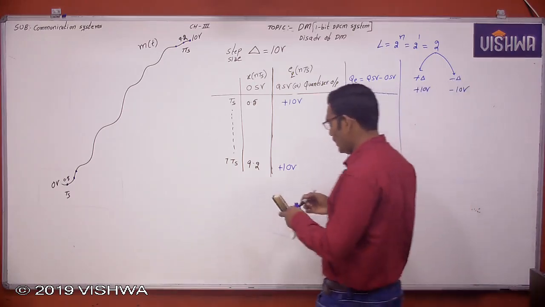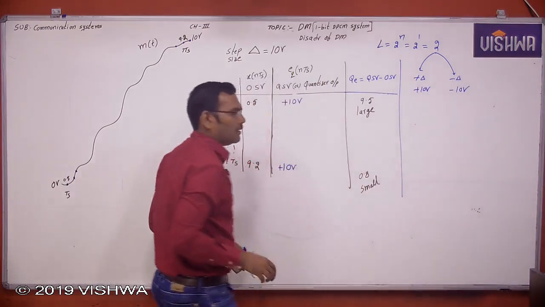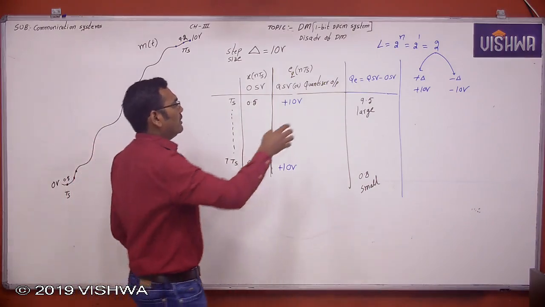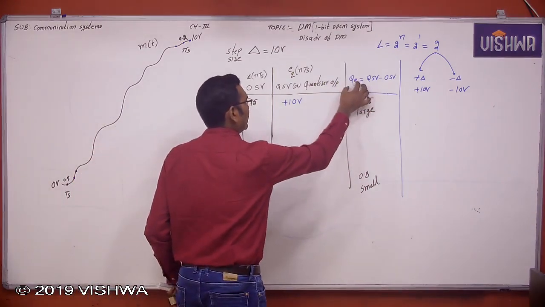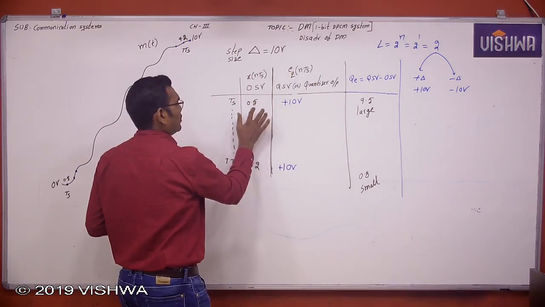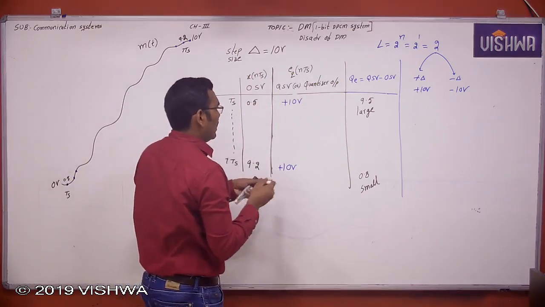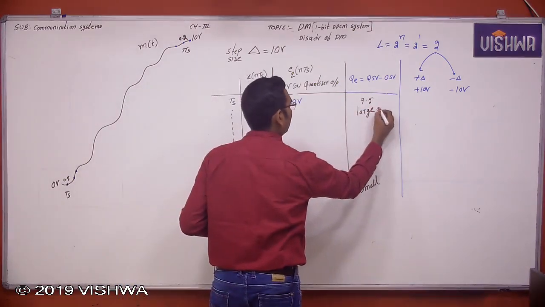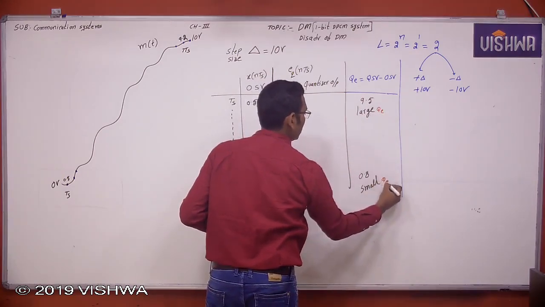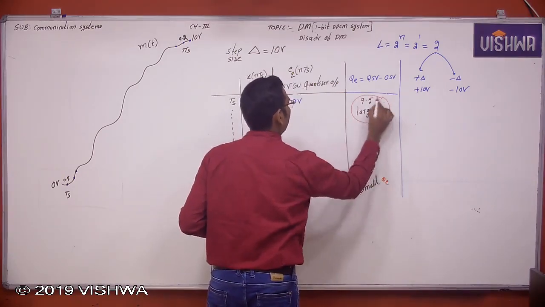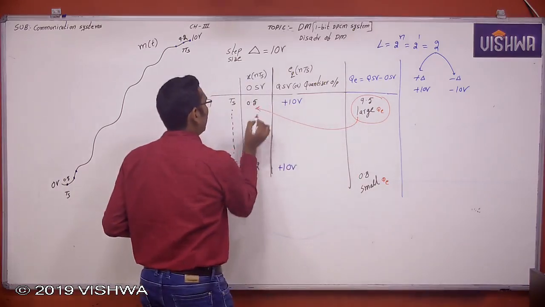Now in delta modulation, a large quantization error is introduced for small amplitudes.